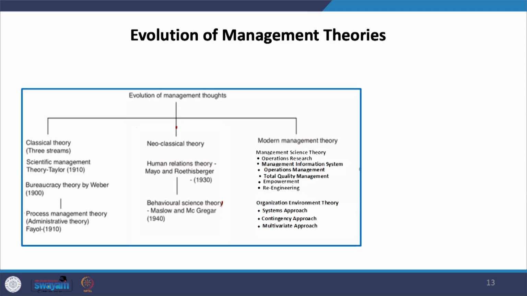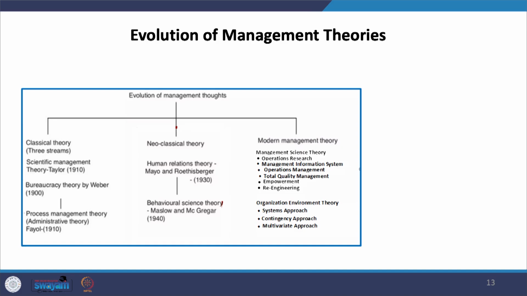To further understand the evolution of management theory and its contribution to the field of management and organizations, we will try to see how the theory has evolved right from the classical theory of management. Classical theory of management has three dominant streams: scientific management, proposed by Frederick Winslow Taylor in the 1910s; bureaucratic theory of management, given by Weber in the 1900s; and process management theory, given by Fayol in the 1900s.